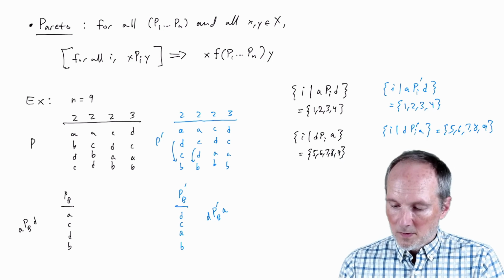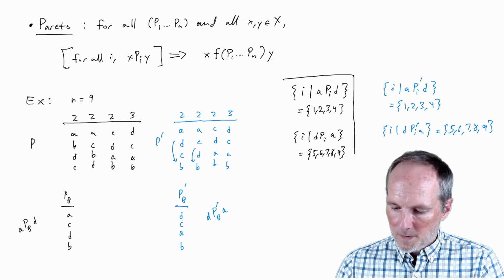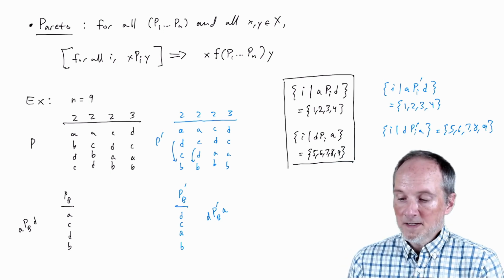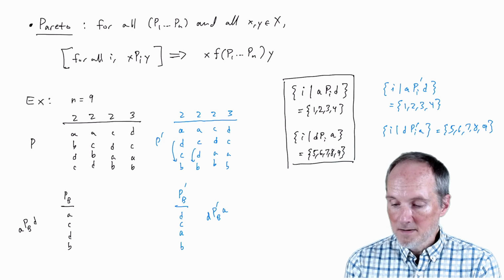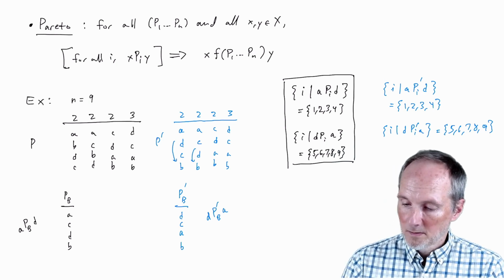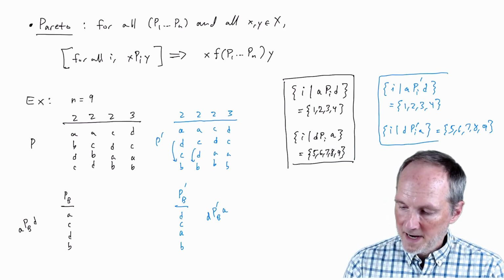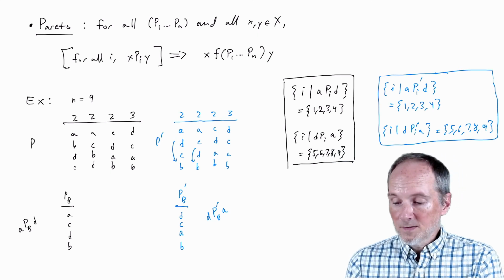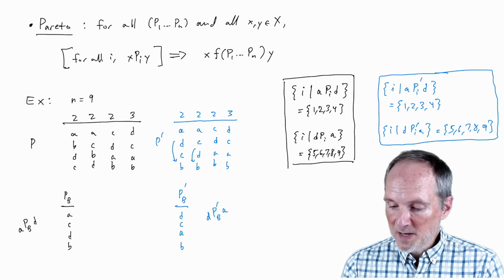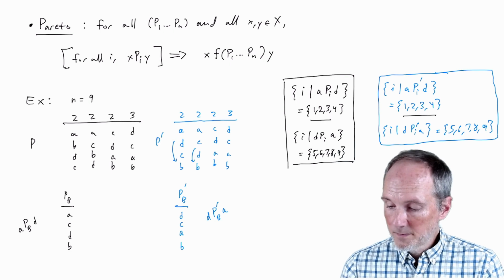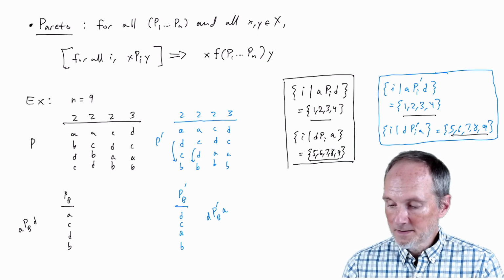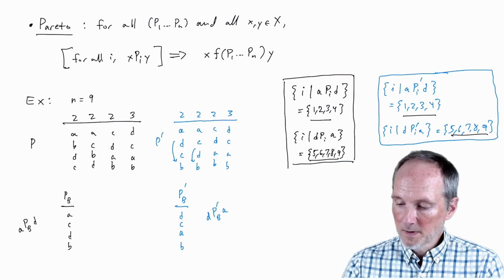So this right here is the outcome of the pairwise vote for the first profile. Over here, we have the outcome of the pairwise vote for the P prime profile. And we see that these are the same, right? The same people prefer A to D. It's the first four guys. The same people prefer D to A. It's the last 5 guys.